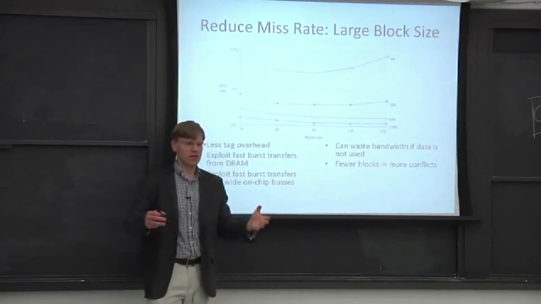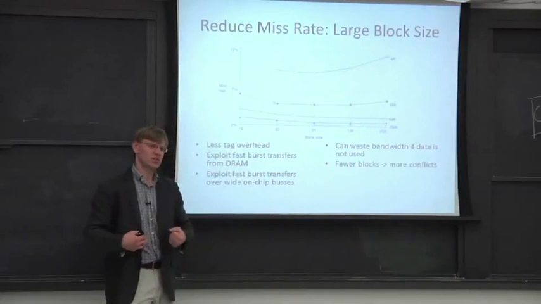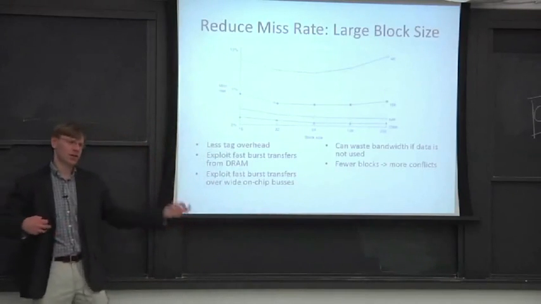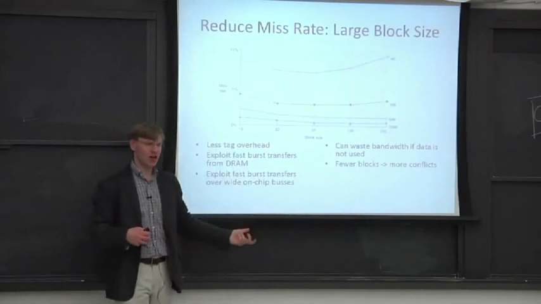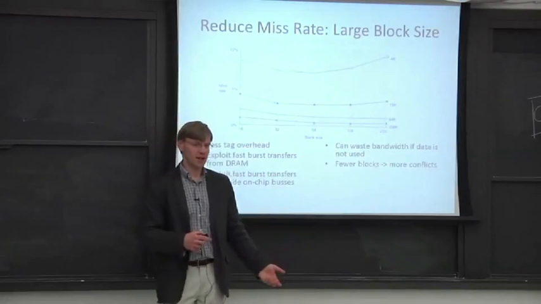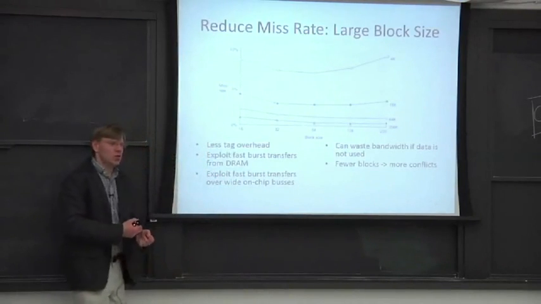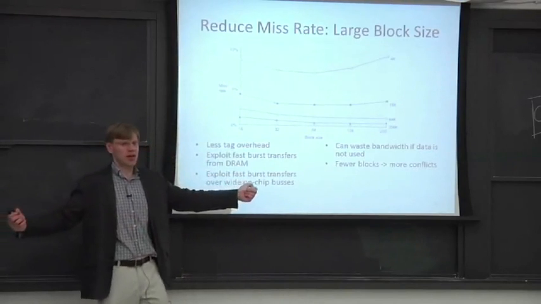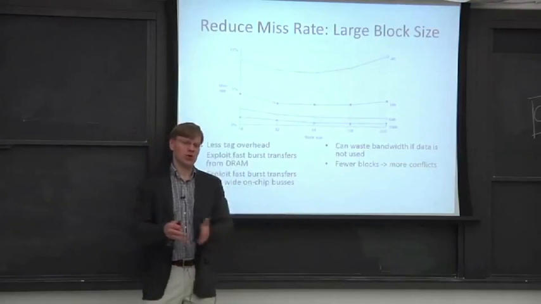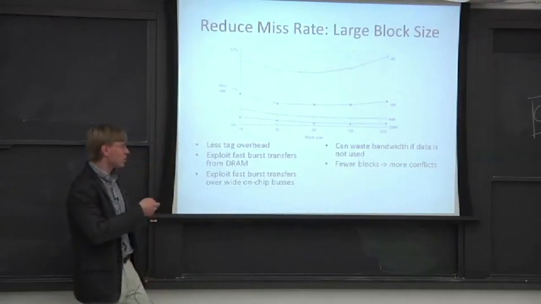In DRAM, typically they like to give you large chunks of data at a time and not little chunks of data, because there's an overhead cost in firing up the DRAM, and there's what's called the column address strobe and the row address strobe, or RAS or CAS time. You have to do that for every memory access. So if you can pull in larger chunks of memory at a time, you only have to do that once for the large amount of data you bring in. So that pushes you to actually want larger block sizes.